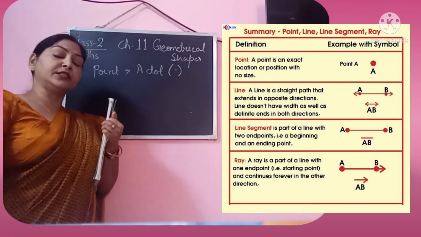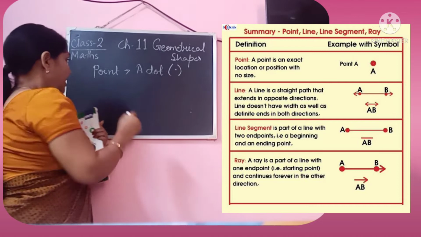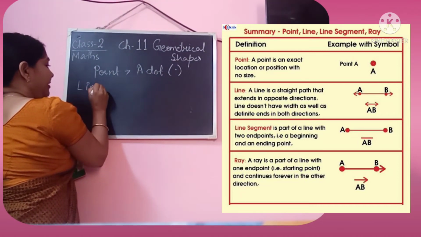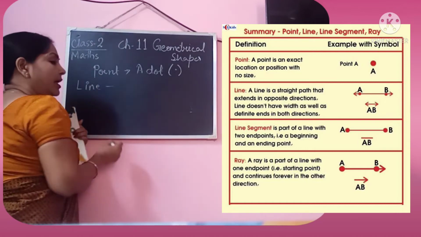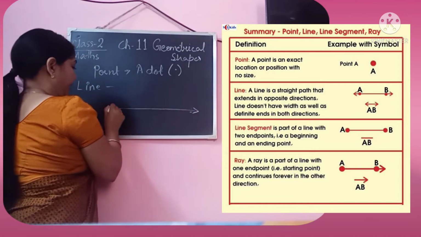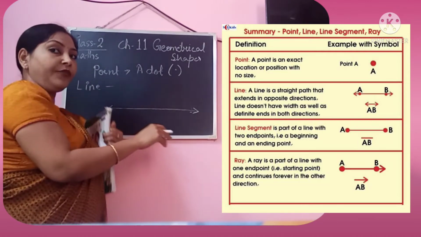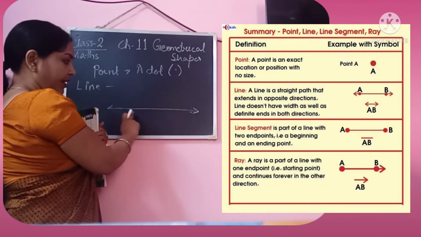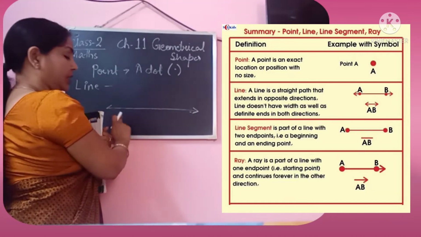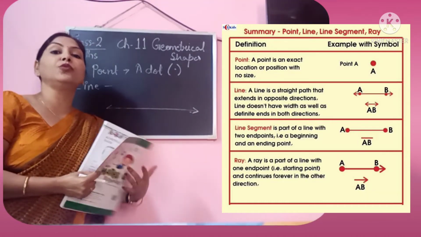Now coming to the next concept of geometry, that is line. What do we mean by line? This is the representation of a line. If you have noticed, when we draw a line, we give two arrows on both sides.